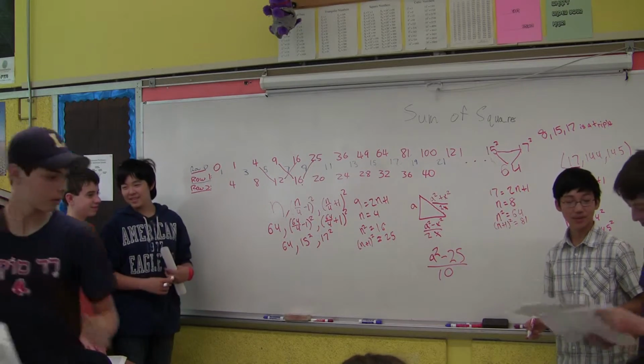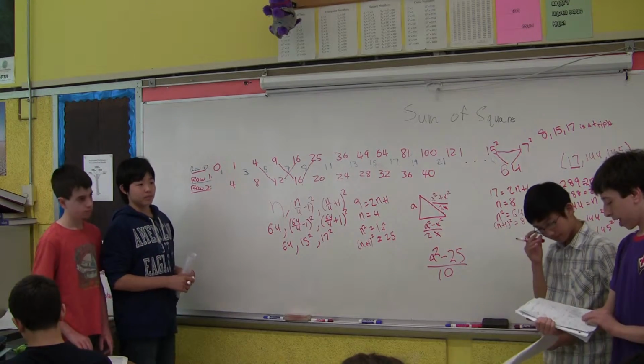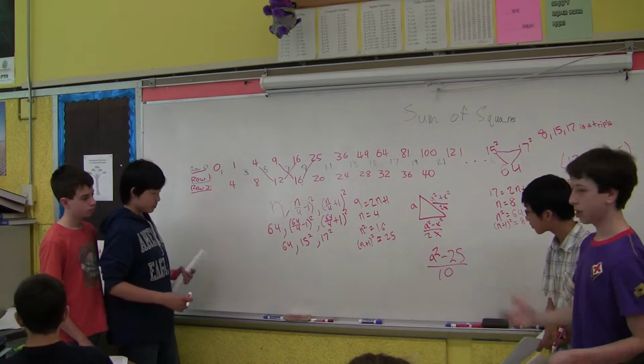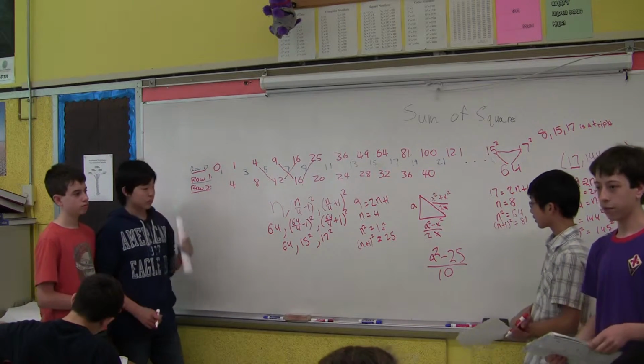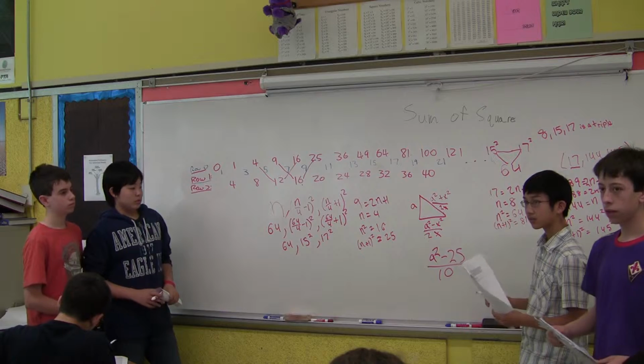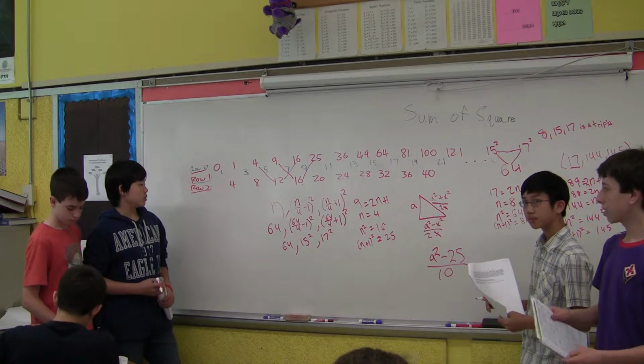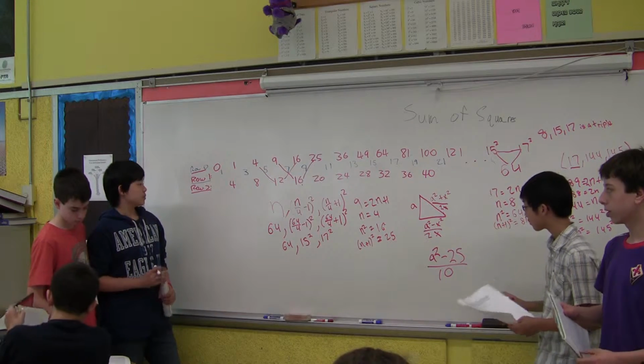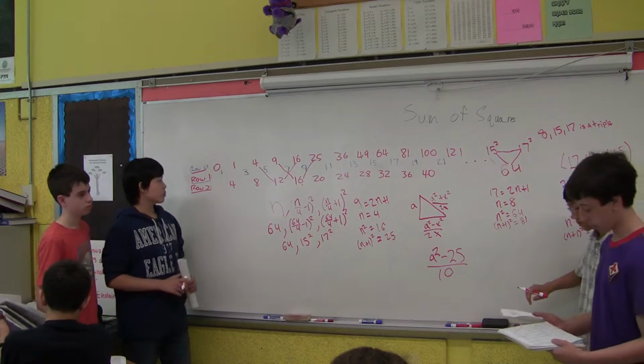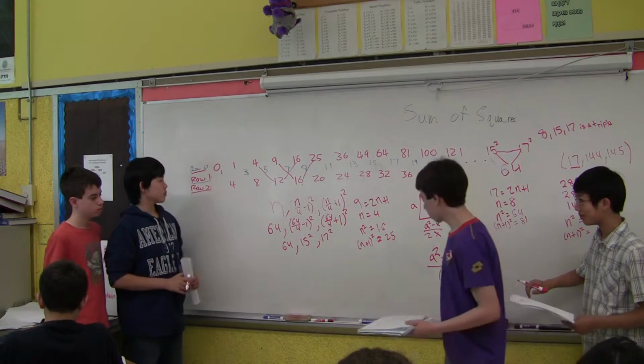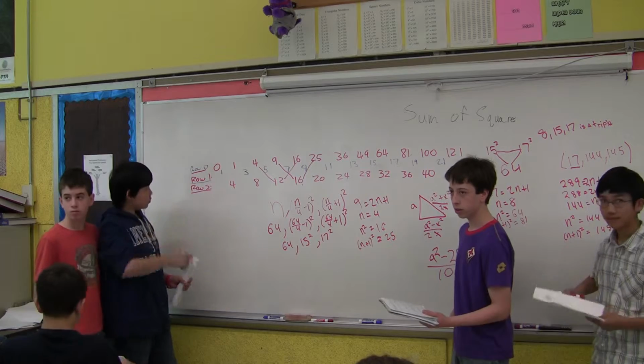Well, right now, what I found is that a squared has to be a multiple of x. And for that to be true, that means that in row x, a has to be a multiple of root x. So, what would your row 3 look like?